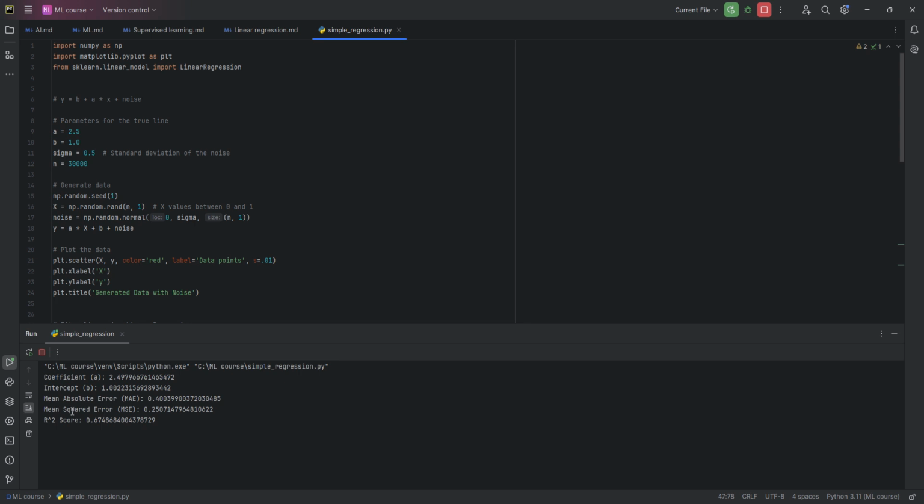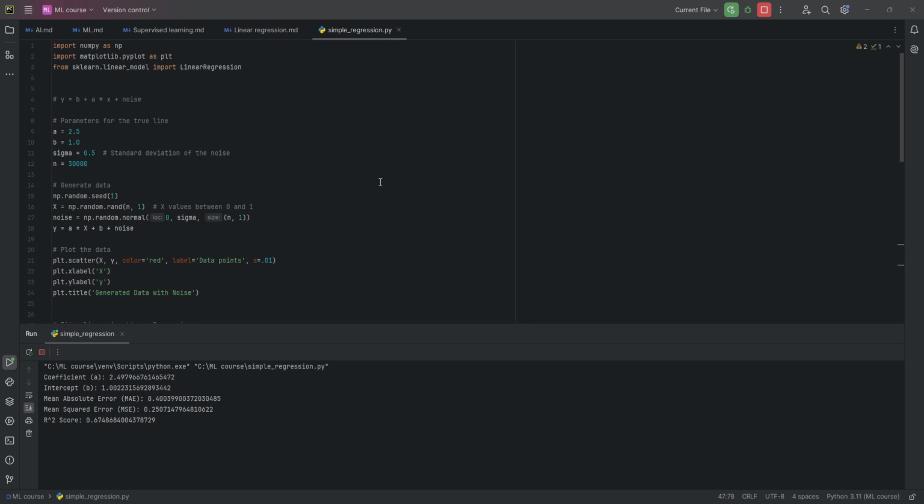And for the MSE, the formula is sigma squared. We have roughly 0.2507 here, and sigma squared is 0.25, so it matches those numbers too. But of course, if the noise is not perfectly normally distributed, then we cannot use those formulas, and we need to calculate them from the actual data.